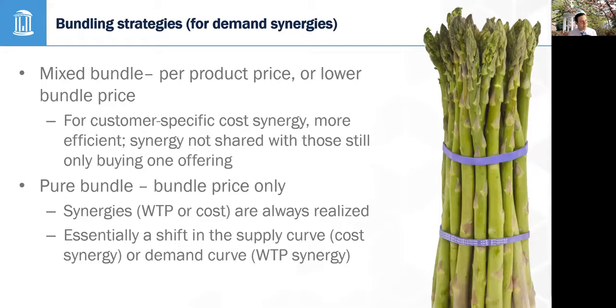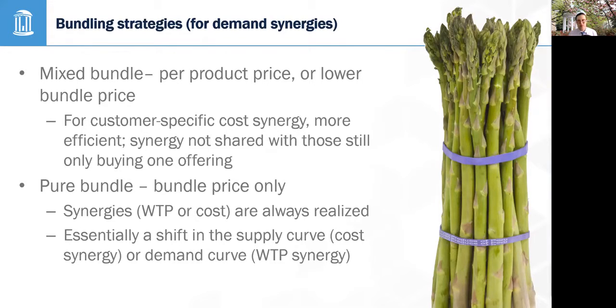With a pure bundling strategy, essentially you offer products only as a bundle. You might see that with a combination of hardware and software, for example, where many products like computers, tablets, or smartphones, you can't even buy them separately anymore from many vendors.